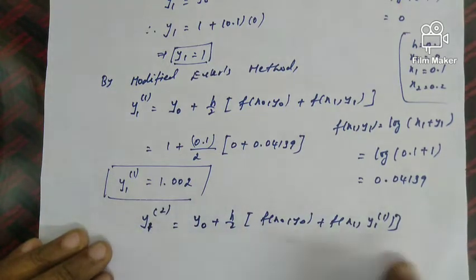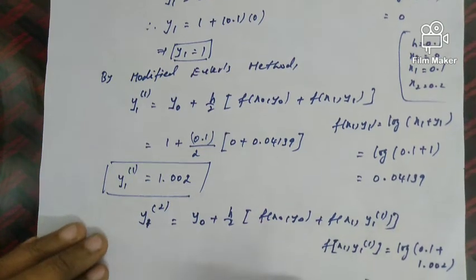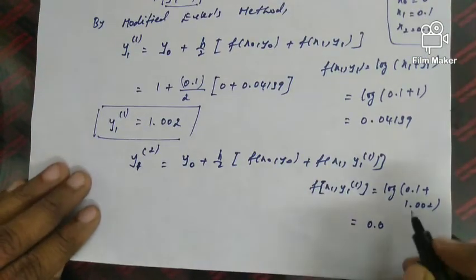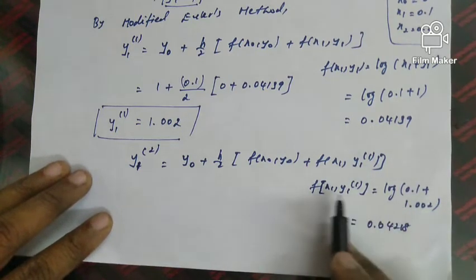Here y naught value is known and h is known; f of x naught y naught is known, and we have to find f of x1 y1 of 1. That is log of x1 which is 0.1 plus y1 of 1, which is 1.002. Using calculator you can get the answer as 0.04218. Okay, so this is our f of x1 y1.